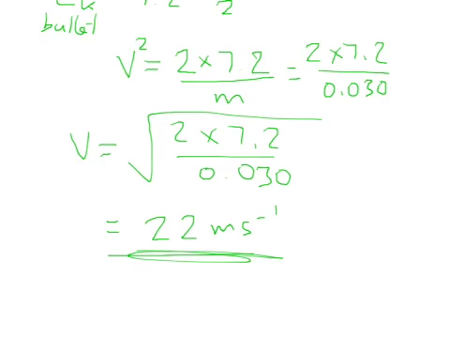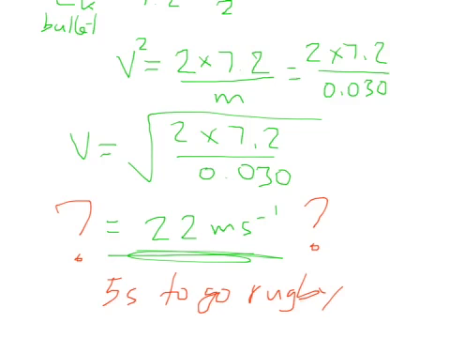Okay, but remember what we're calculating here, that's the muzzle velocity of the bullet, and that doesn't seem right, because 22 meters per second is roughly 20 meters covered in 1 second. That means it takes 5 seconds to go the length of a rugby field. Okay, that is way too slow for a bullet.